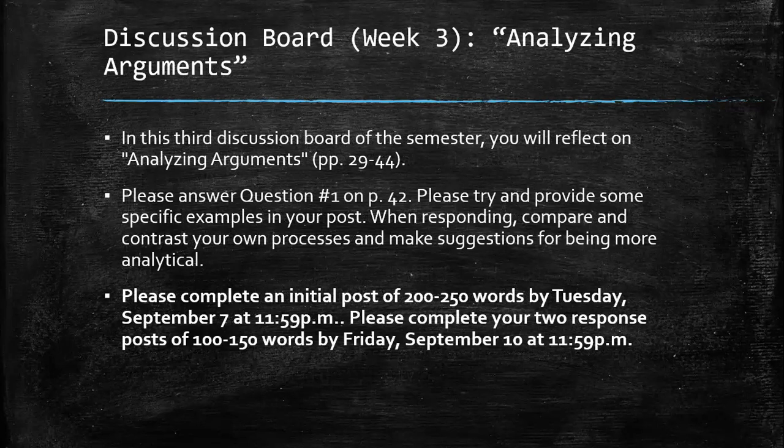For the discussion board this week, you will be reflecting on analyzing arguments, which is in your textbook, pages 29 through 44. By this point, all of the readings that you need to be doing are in your textbook. They are not posted on eCourseware anymore. This is something that you need to have at your disposal, and you need to be able to read.